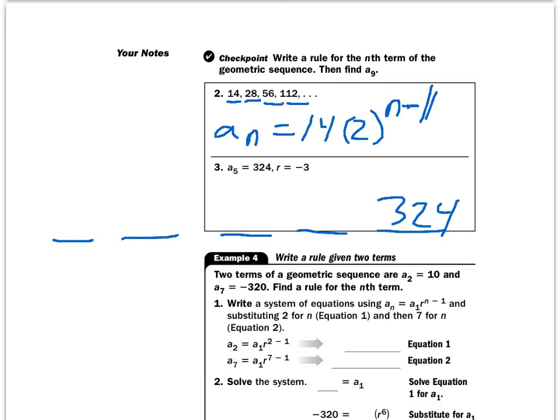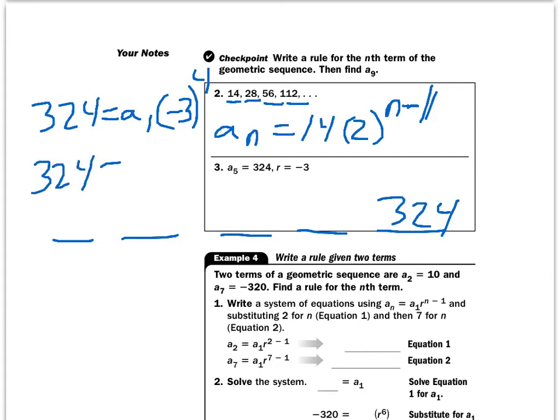So I'm going to have to do some work here. 324 equals a sub 1, which I don't know, times negative 3 to the 5 minus 1 power, which is 4. Negative 3 to the 4th power is positive 81. When I divide by 81, I get 4. So a sub 1 equals 4.